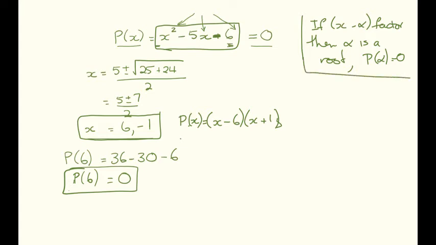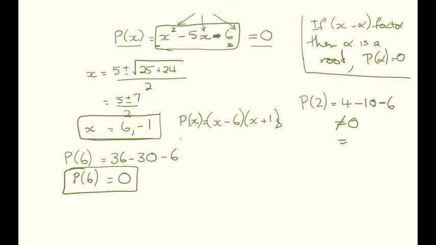Now what happens if I take the polynomial of something which is not a root? Say I know that 2, for example, I think 2 is not a root. So if I take p of 2, that will give me 4 minus 10 minus 6, which is definitely not equal to 0, and therefore 2 is not a root.